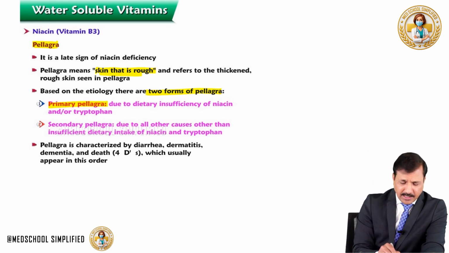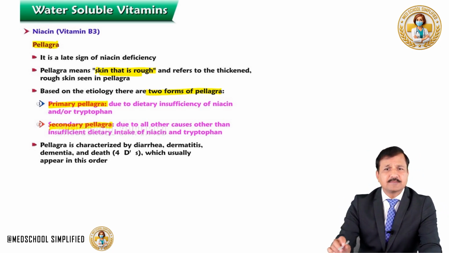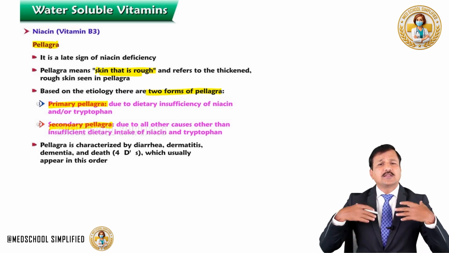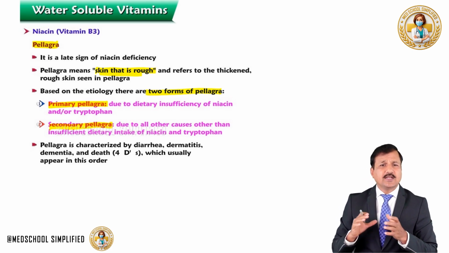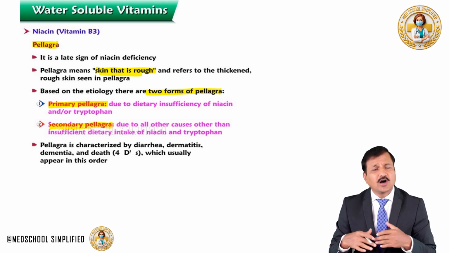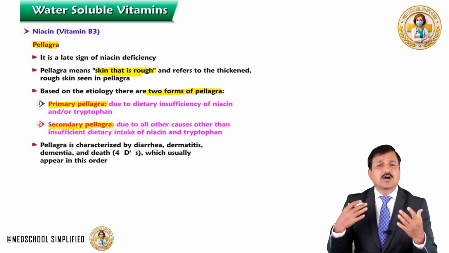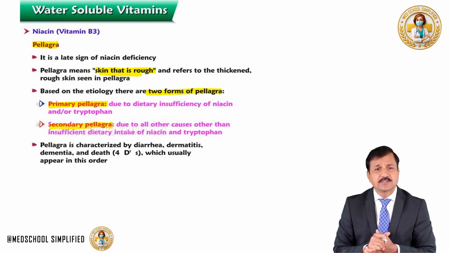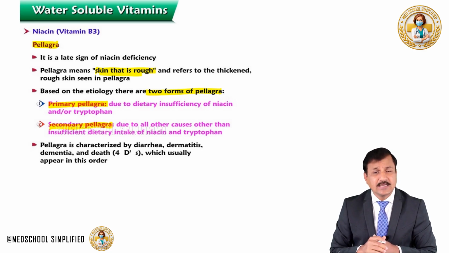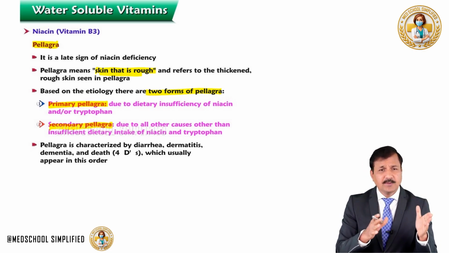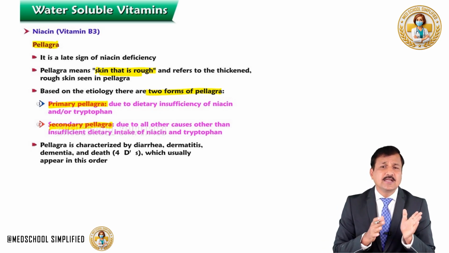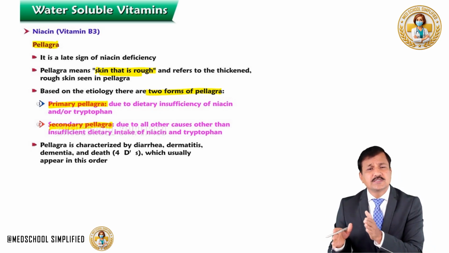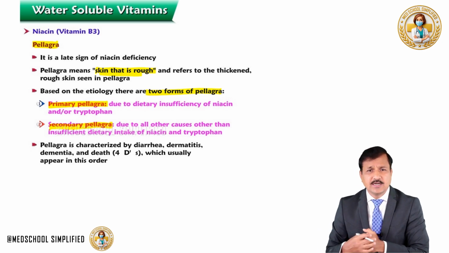Now, secondary pellagra, as the name says, is due to other conditions that may lead to insufficient dietary intake of niacin or tryptophan, or insufficient conversion of tryptophan into niacin. So, other causes of niacin deficiency, we put them into secondary pellagra. Primary pellagra is where direct dietary deficiency is there. Secondary pellagra is niacin deficiency that is secondary to some other disorders.